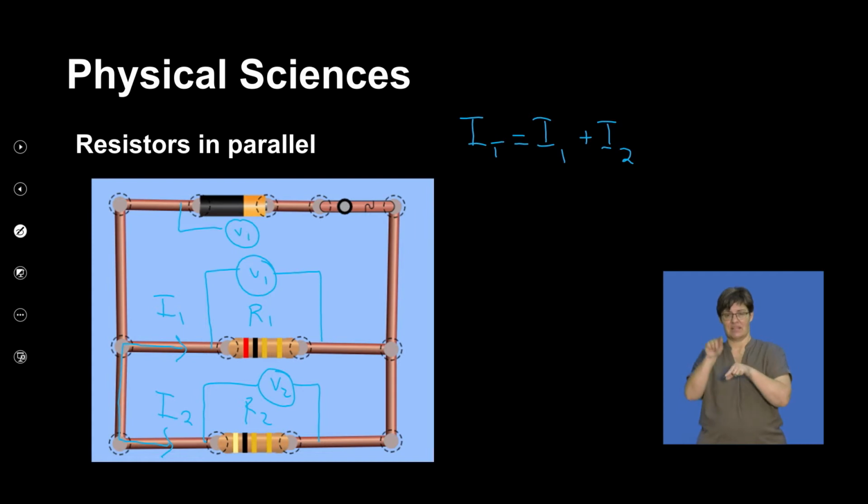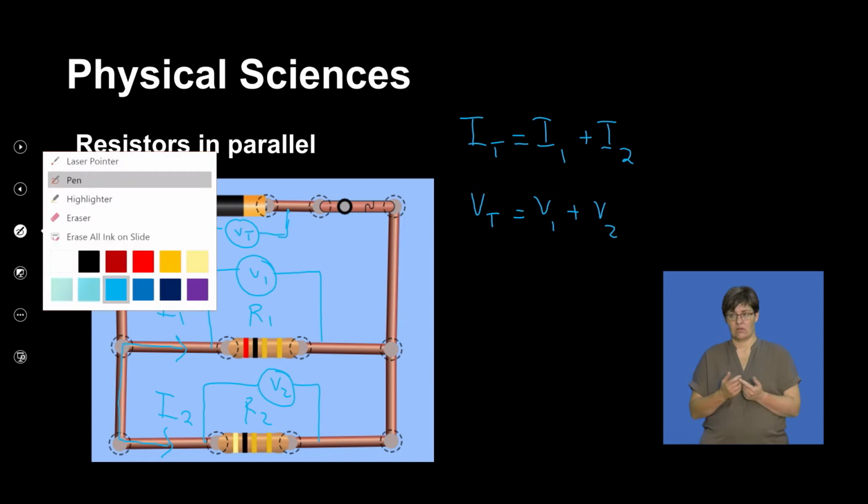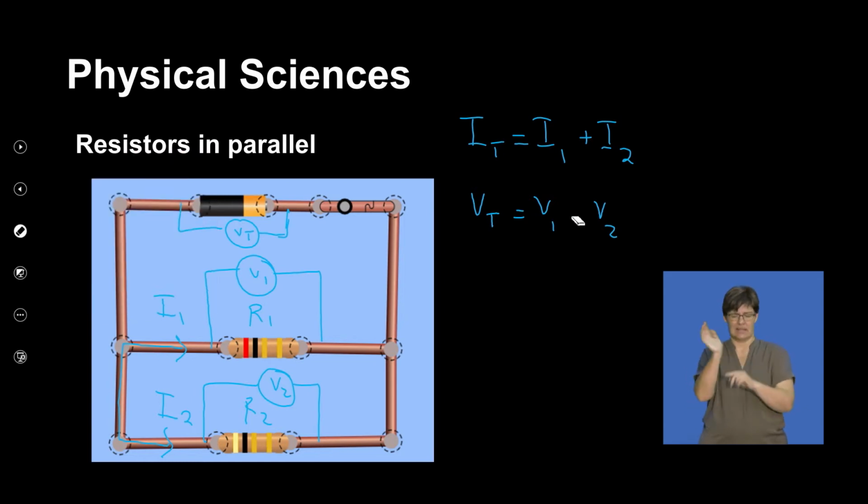Let's say this is the V total, which is the terminal potential difference. So V total is equal to V1 plus V2. Now, is equal to, not plus.